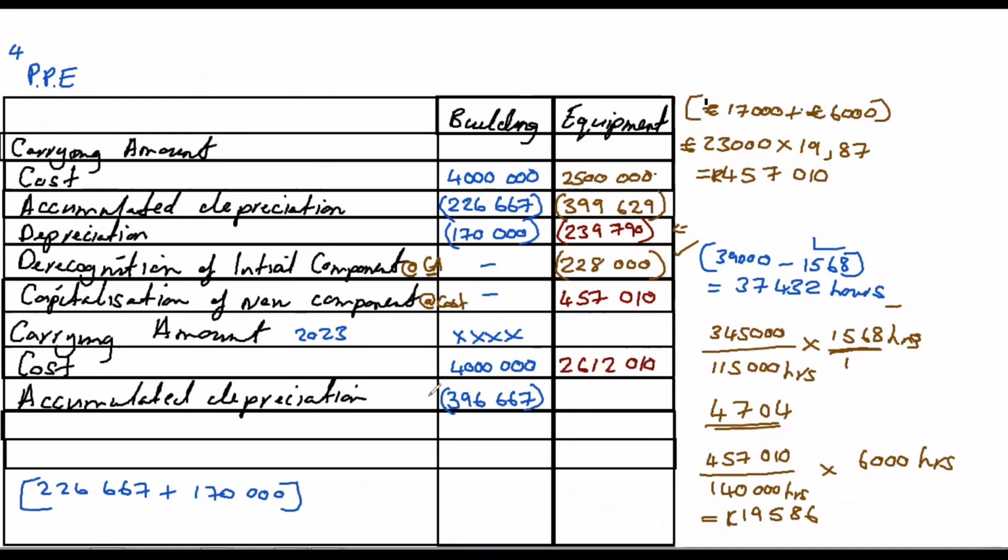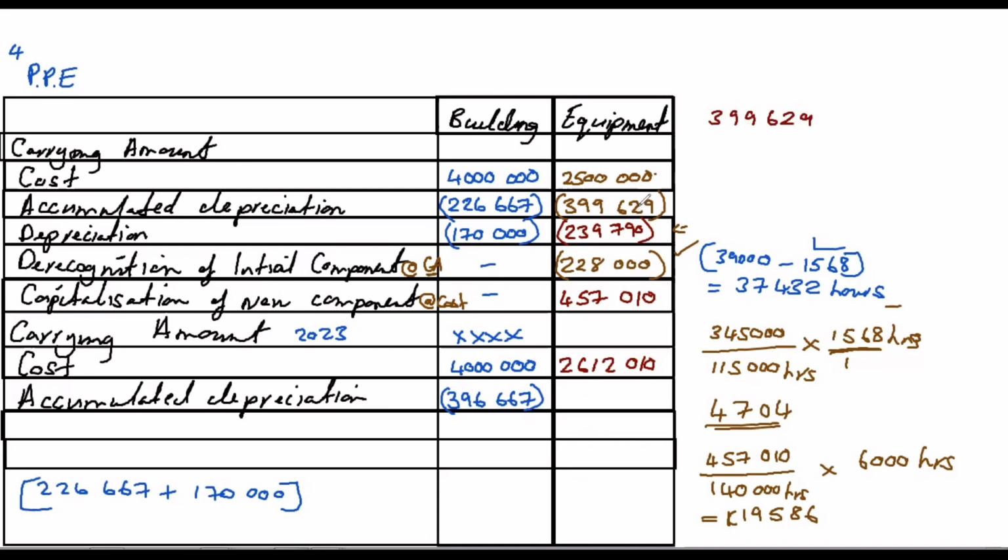Then the accumulated depreciation now, you know how it works. You are going to take the original, the first one that we had, 3,996.